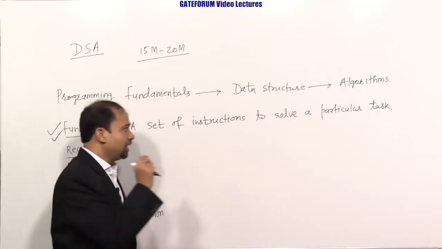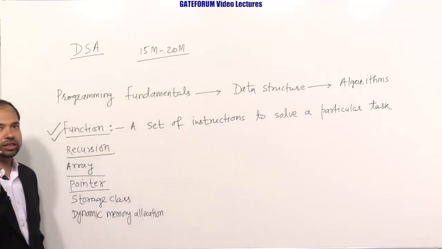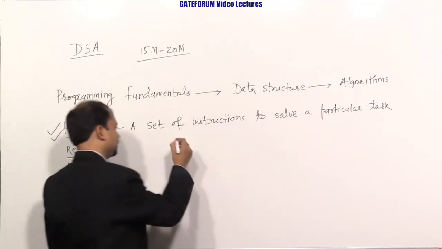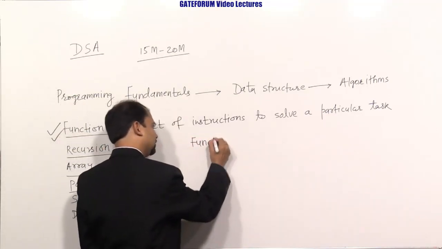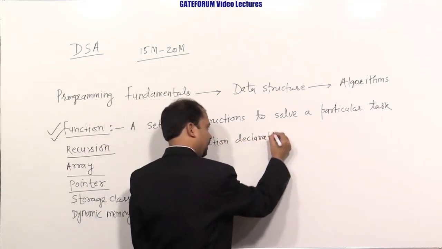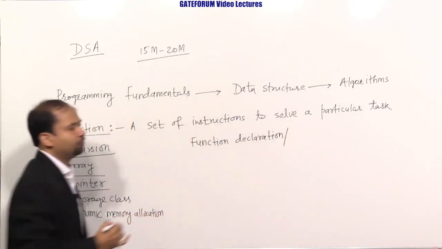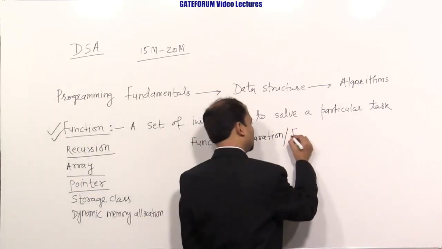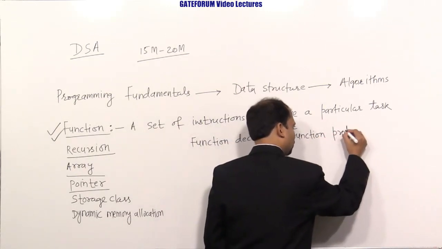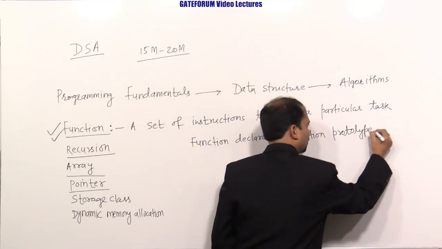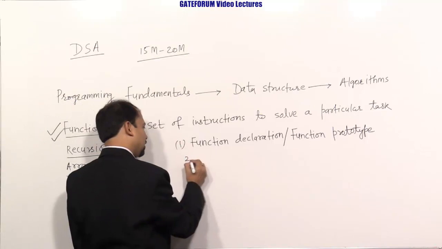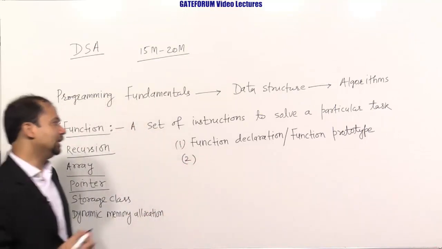Right. So whenever we talk about function, there are three things associated with a function. One is function declaration, or you can call it a function prototype. The second thing is function definition.